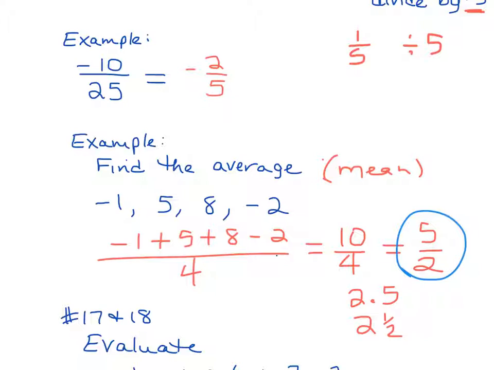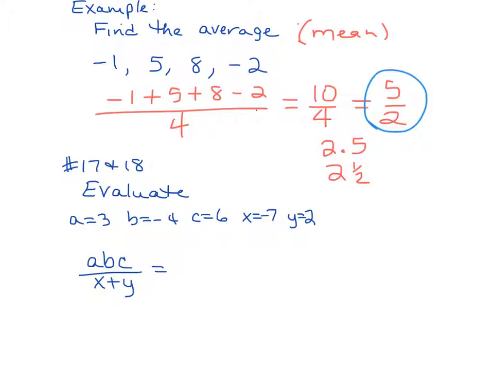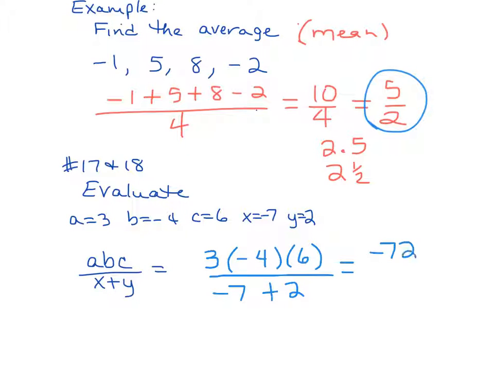And then 17 and 18, just like in last night's homework, the instructions are going to say evaluate. So what we're going to do is replace a, b, c, and x, y for our variables. So a is 3, b is -4, c is 6, x is -7, and y is 2. So now I'm going to follow order of operations. I'm going to multiply the three numbers on the top. So 3 times -4 is -12, times 6 is -72.